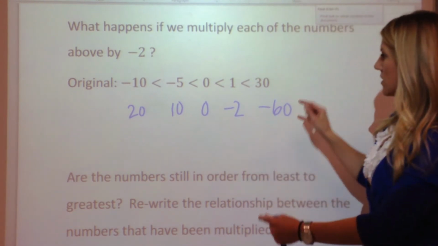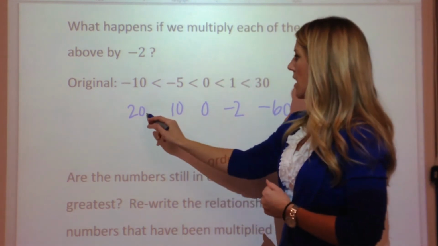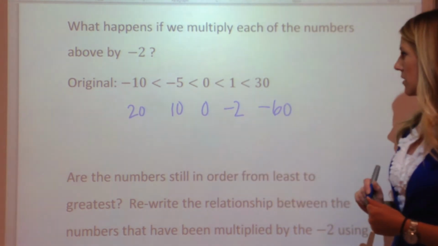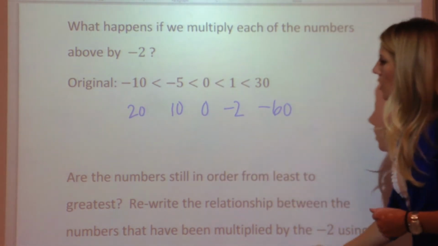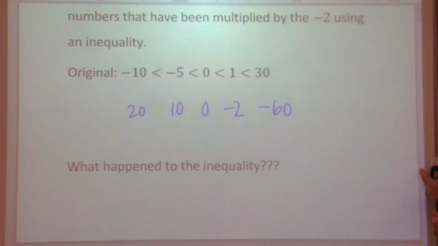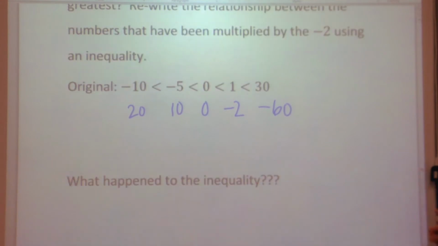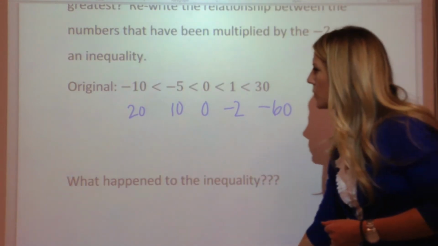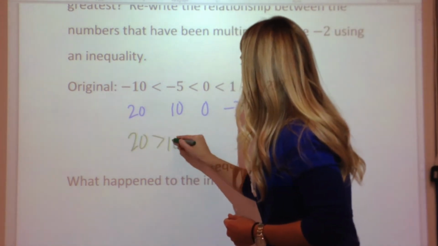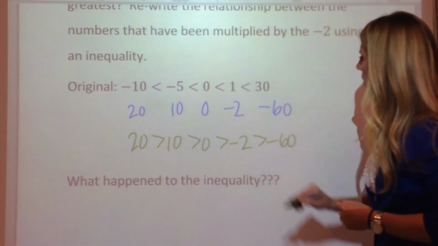No. If you notice, everything switched, because now I'm going in order from greatest to least. So really what happened was 20 is greater than 10, which is greater than 0, which is greater than -2, which is greater than -60.